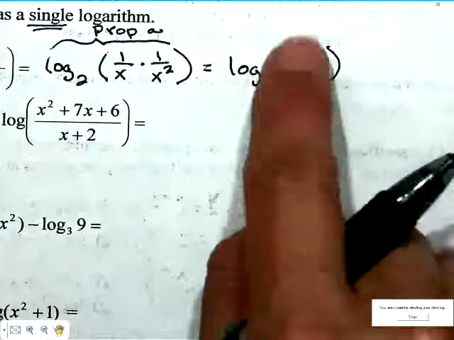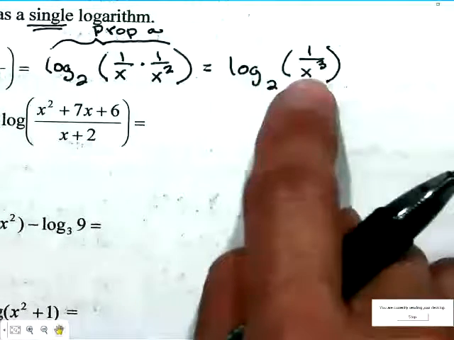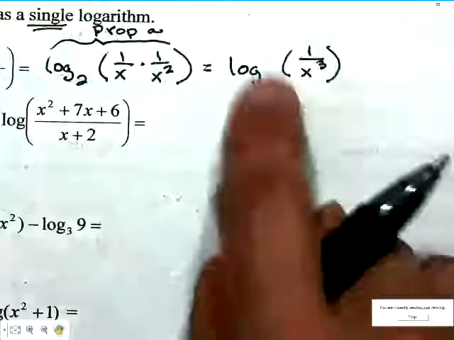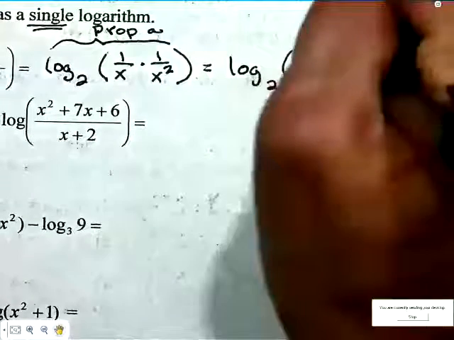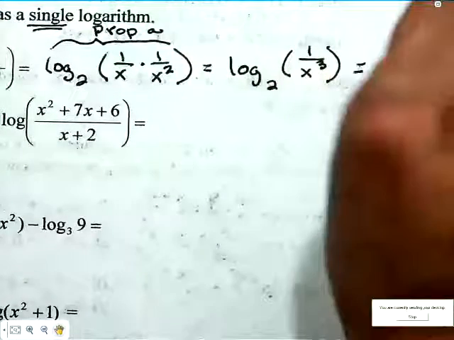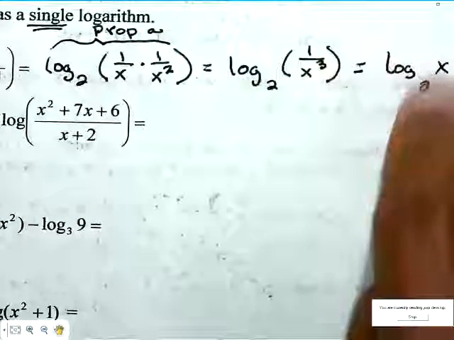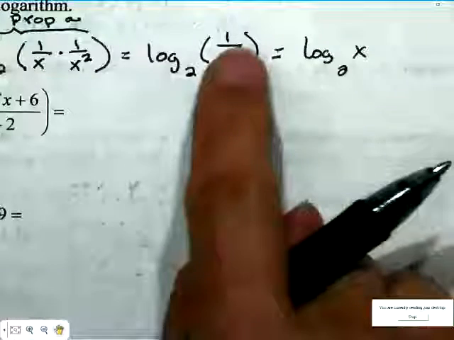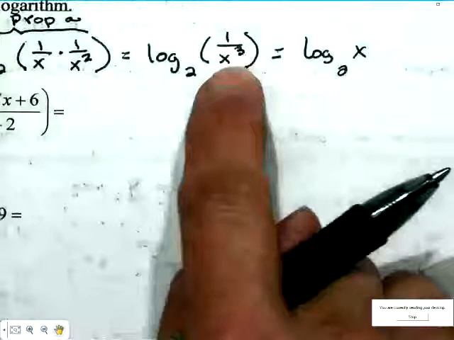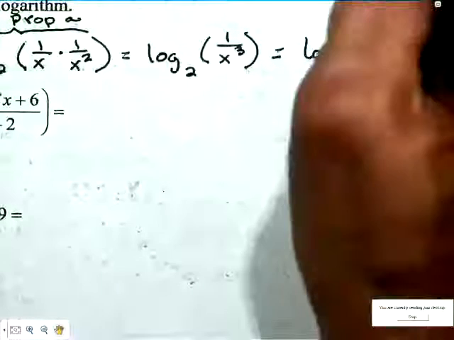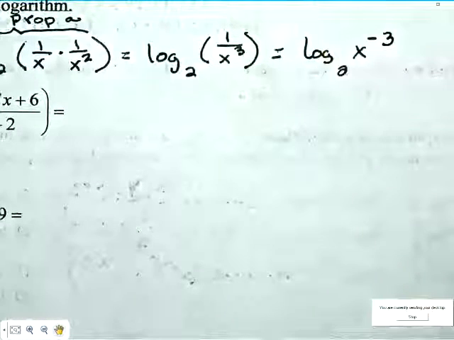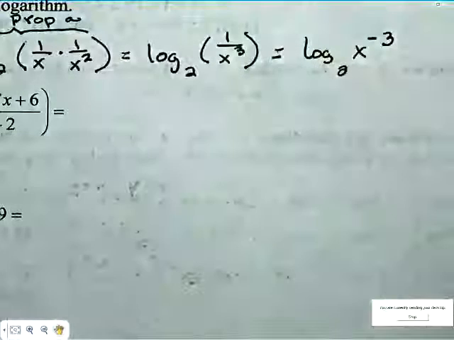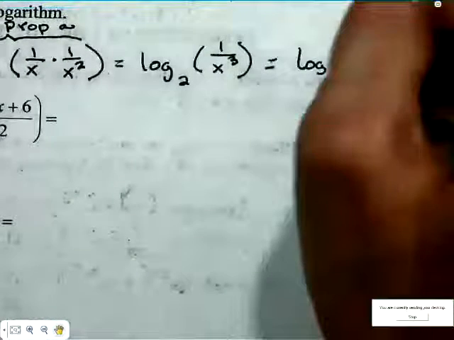How could you write 1 over x cubed with a single exponent? What would the exponent of x be that would mean the same thing as 1 over x cubed? Negative 3. And what could you do with that negative 3? Bring it out front.